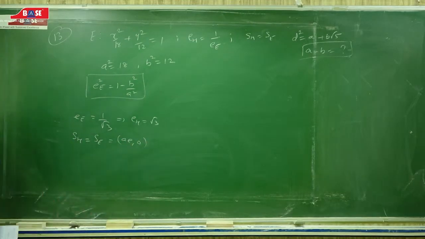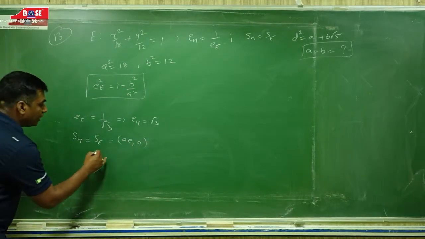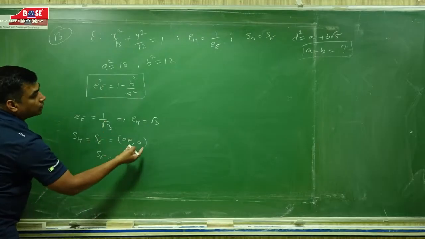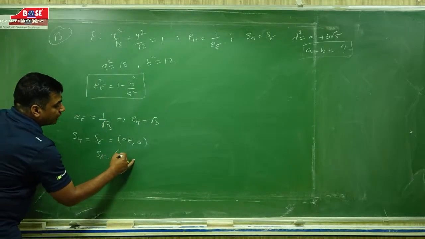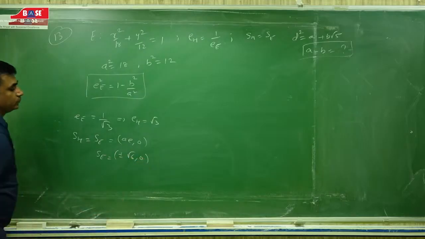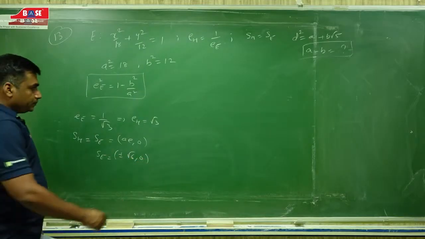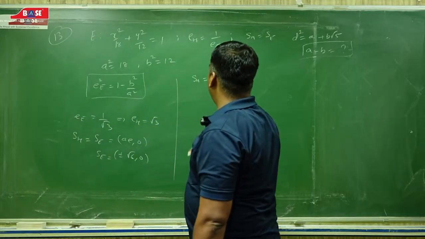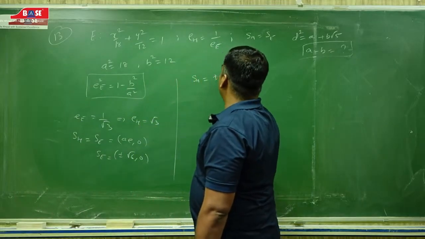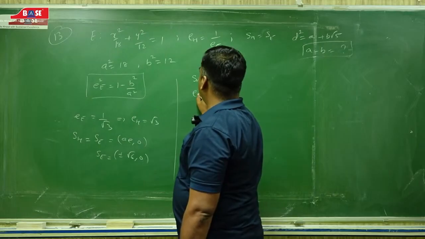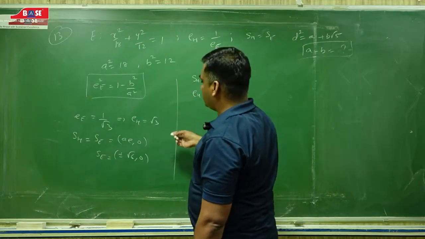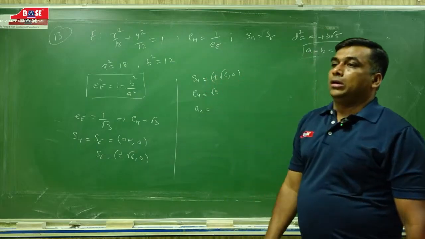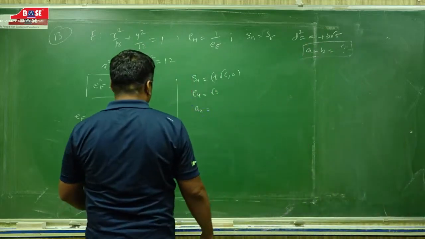So the foci of the ellipse, with a equal to root 18 and e equal to 1 by root 3, are plus or minus root 6 comma 0, which equals the foci of the hyperbola, plus or minus root 6 comma 0. Since the eccentricity of the hyperbola is root 3, a of the hyperbola will be root 2.